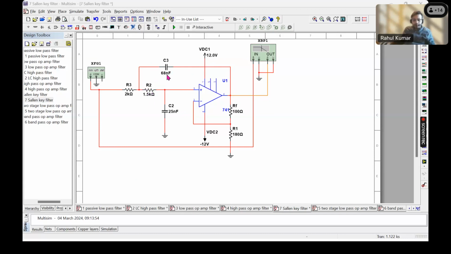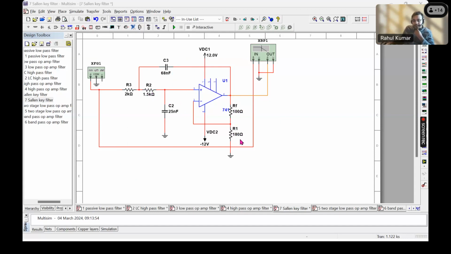So one of them, like 68 nanofarads, is being used as a feedback here. Okay. And RF is 100 ohms and R1 is 180 ohms.